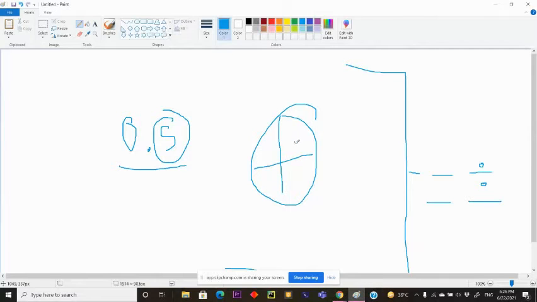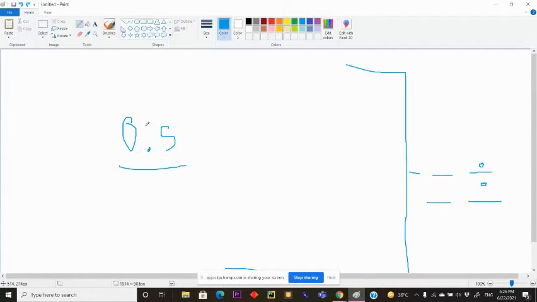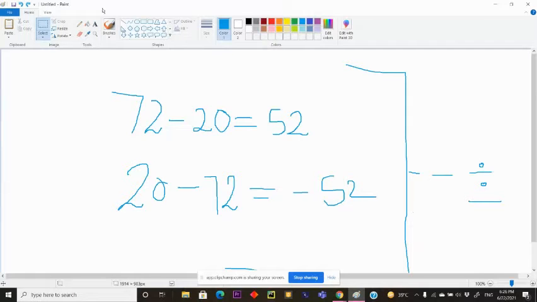We are not talking about a part of a whole. You understood? So decimals do not come in your whole numbers. Okay, so that means that it doesn't apply to either subtraction or division. But you can just easily understand that what applies to subtraction will apply to division. What doesn't apply to subtraction will not apply to division.